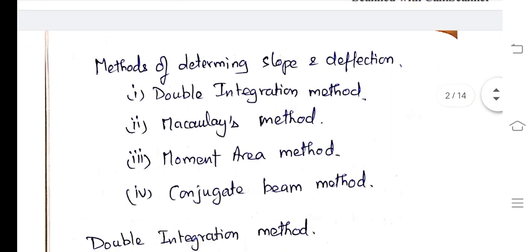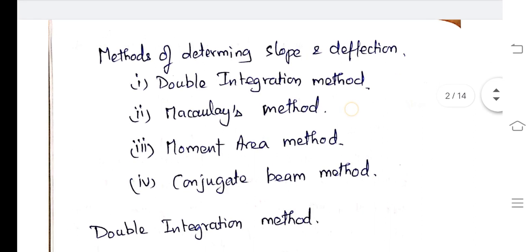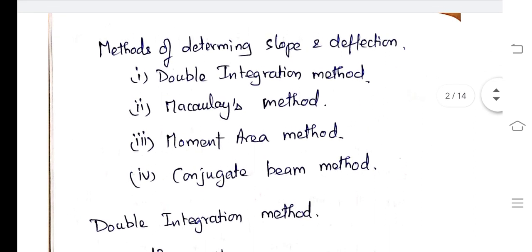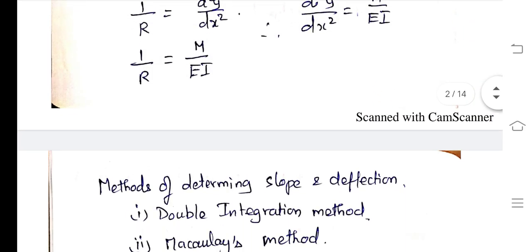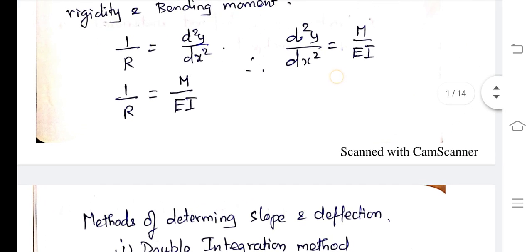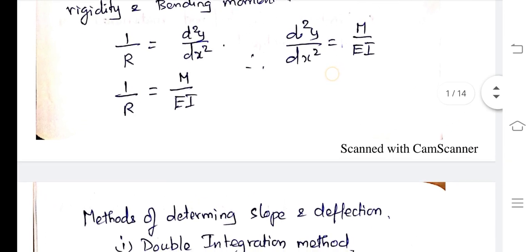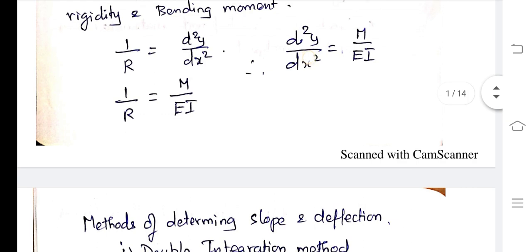Then there are 4 methods of finding slope and deflection. One is double integration, another one is Macaulay's method, then moment area method, then conjugate beam method. From the name itself you can see that it is the double integration method. So this equation you have to integrate 2 times, so that one time when you integrate you will get dy by dx, and second time when you integrate you will get y.